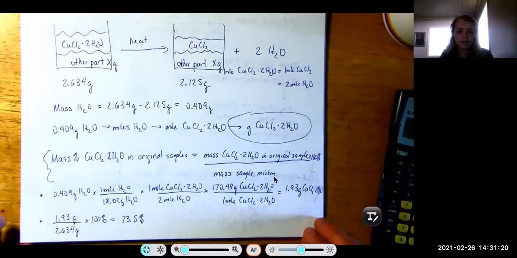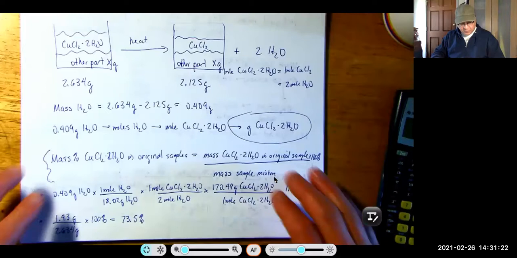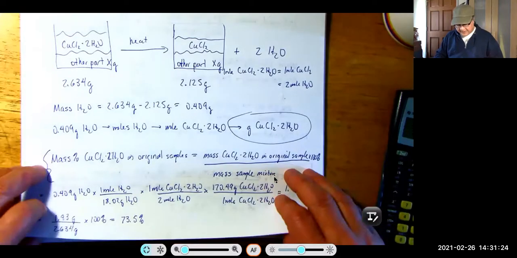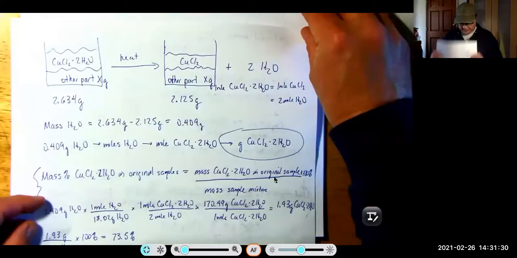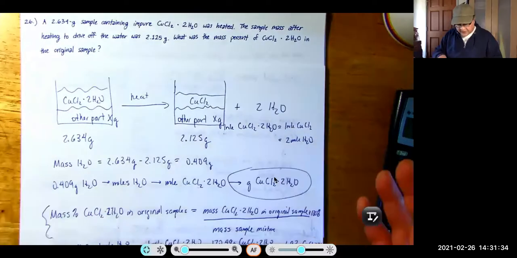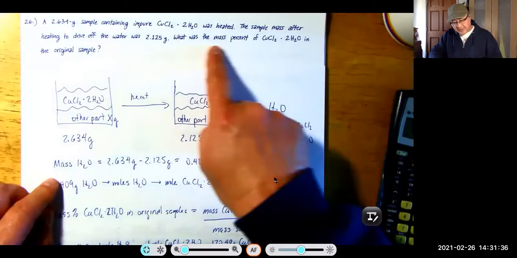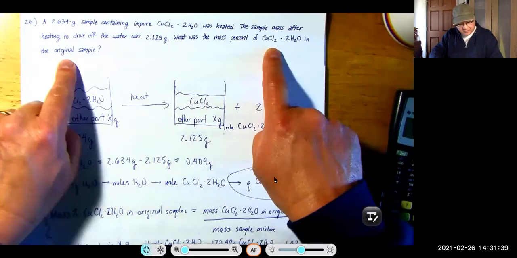Okay. So I told you this one was difficult, and the difficulty is trying to figure out how to work with all the numbers and what they're actually asking for. So here, where you really should start is right here. What is the mass percent in the original sample?